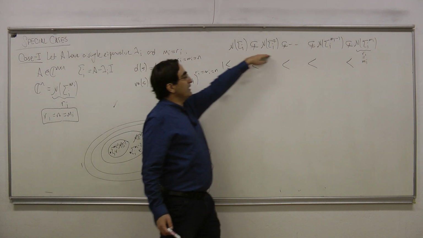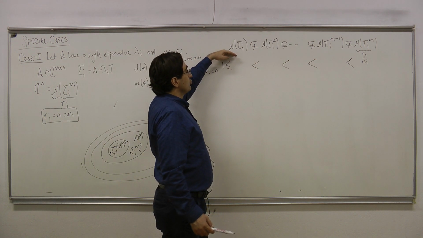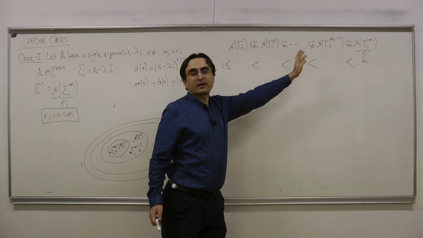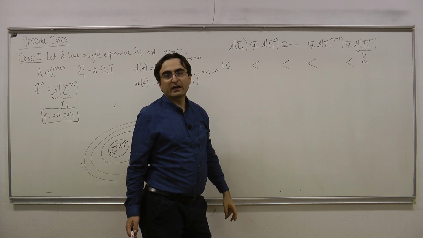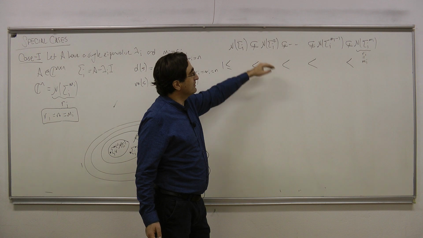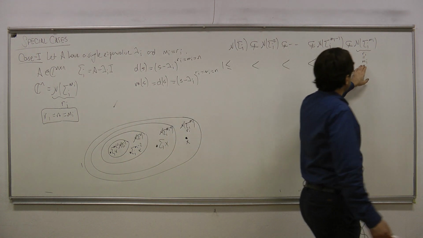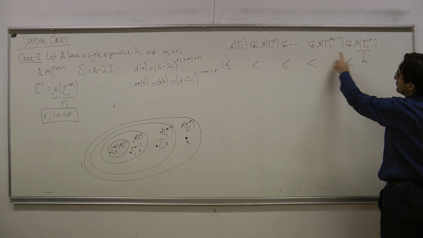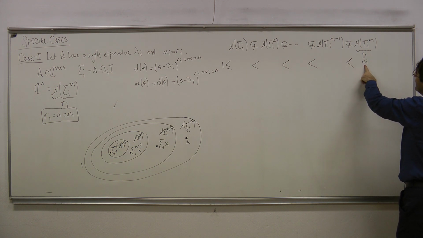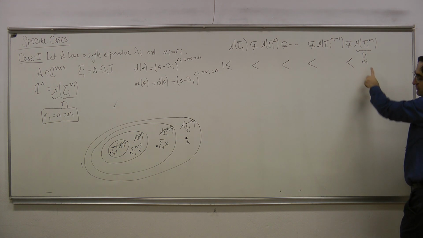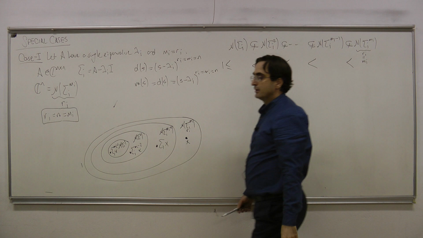And the dimensions of the others should strictly increase. They cannot remain equal. Mi spaces with strictly increasing dimensions, and the dimension of the largest one should be mi.